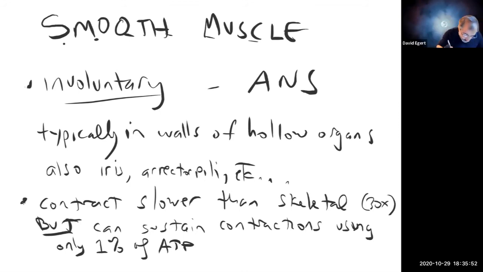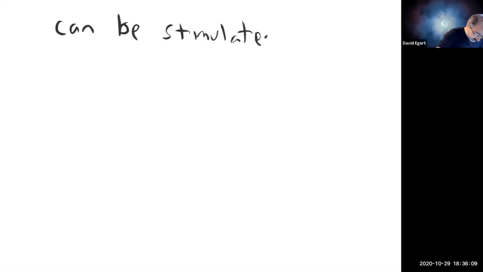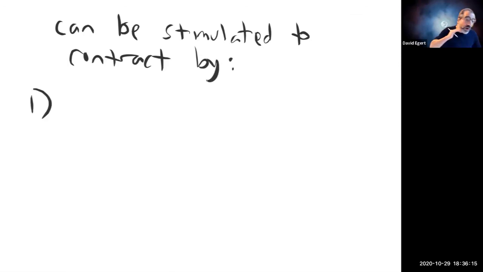And then the other big difference is you can stimulate it to contract in many different ways compared to skeletal muscle. One way is by a motor neuron, like skeletal muscle, an autonomic motor neuron.